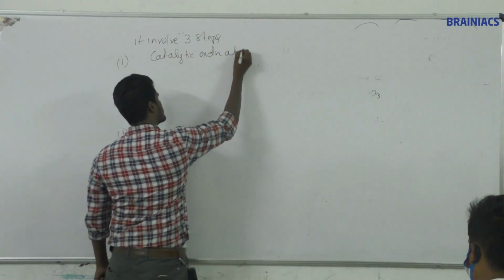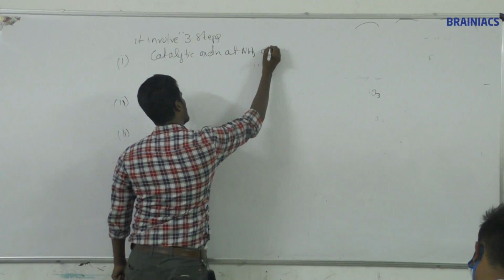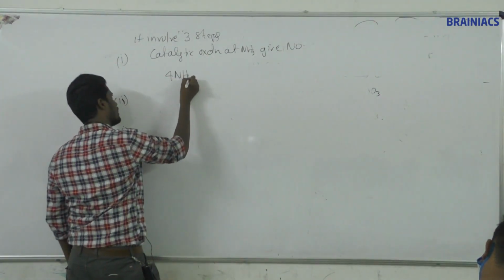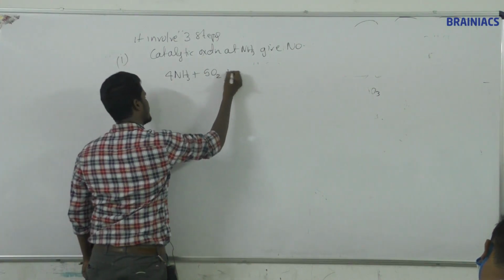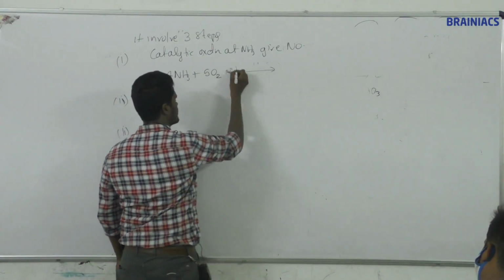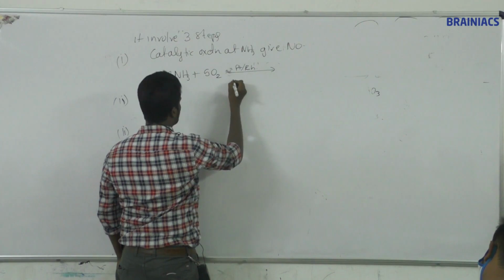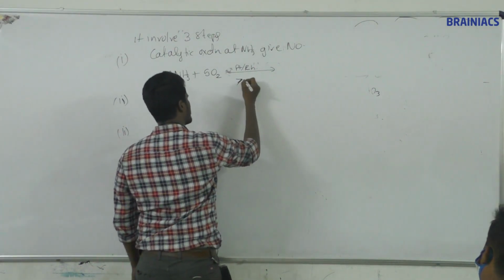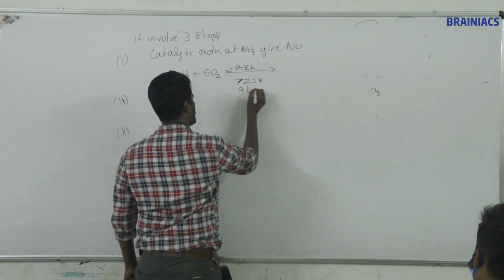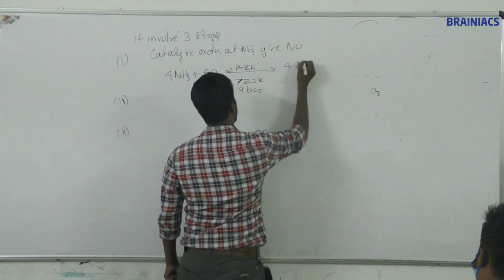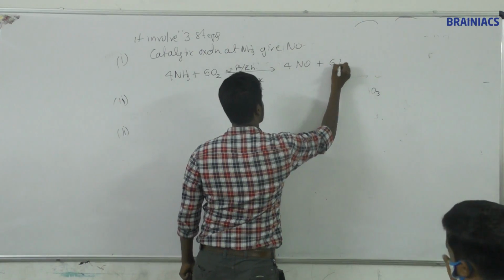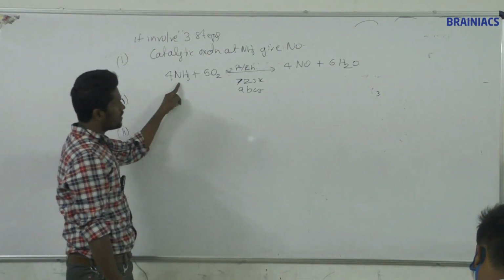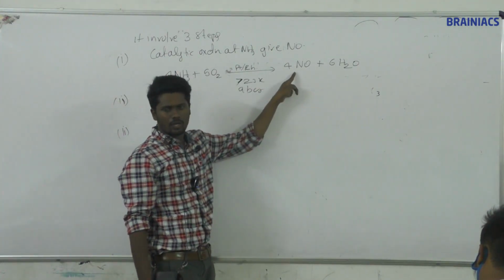Catalytic oxidation of ammonia gives nitrogen oxide. Ammonia is oxidized in the presence of a catalyst, that is platinum or rhodium catalyst. Here ammonia is oxidized to give water and NO. So what is NO?